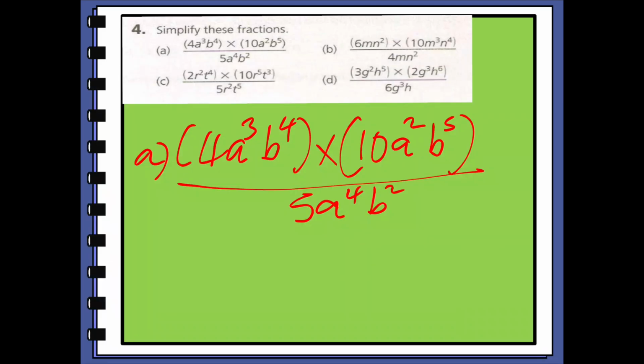We do know that if the bases are different, we have to multiply them. So we have 4 and 10, meaning 4 times 10, that should give us 40.